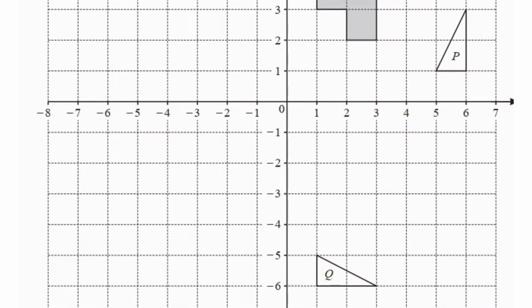So for rotation, what we do is we first find the center of the rotation, and then we see by what angle the shape has been rotated and in which direction.